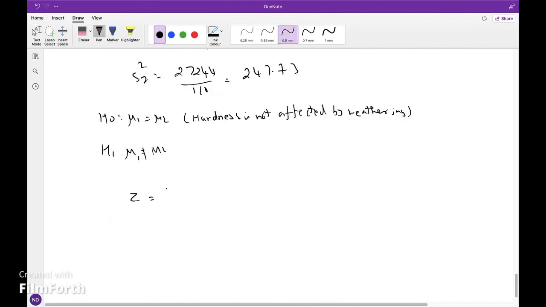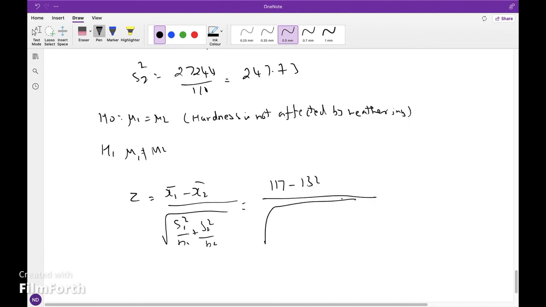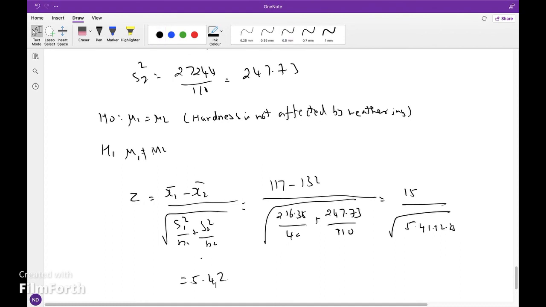Z equal to x1 bar minus x2 bar divided by the square root of s1 squared by n1 plus s2 squared by n2. That is equal to 117 minus 132 divided by the square root of 216.38 by 40 plus 247.73 by 110. Use calculator, that value is the square root of 5.41 plus 2.25, that is equal to 5.42.